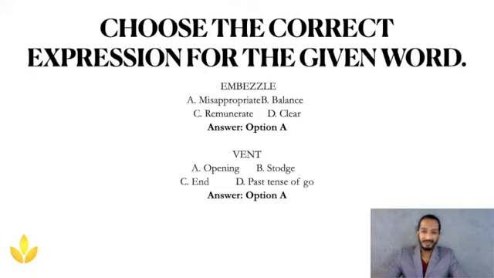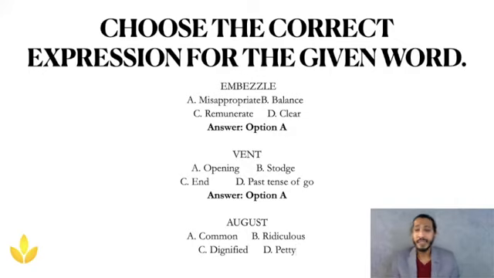August. So it's common, it's ridiculous, it's dignified, or it's pretty. We all know the month August, but we did not know August also had a meaning. So let's see what August means.